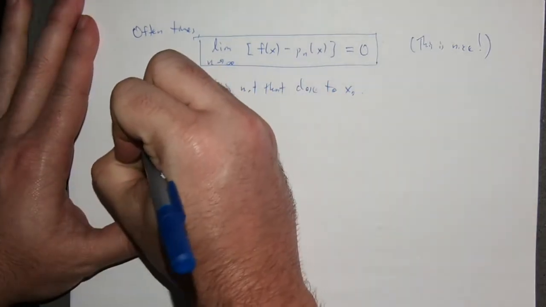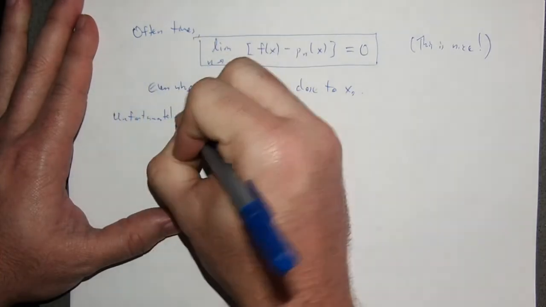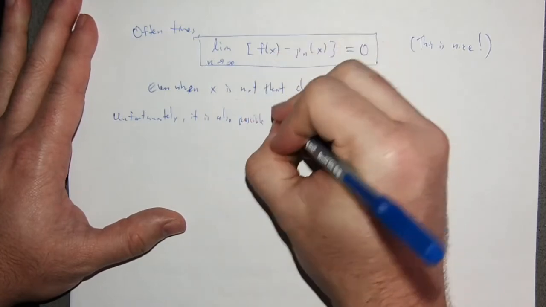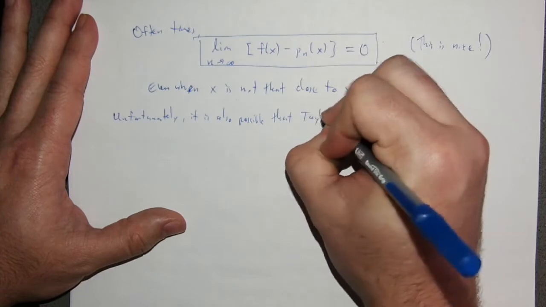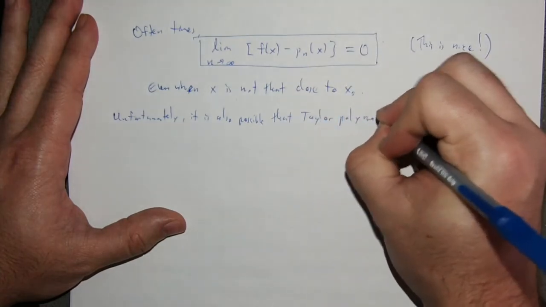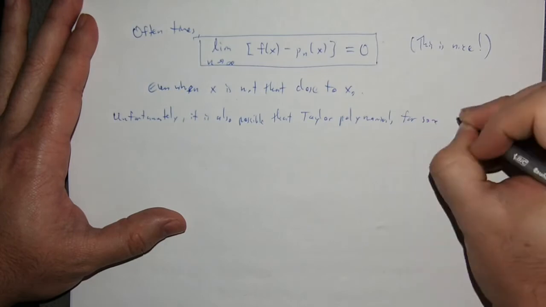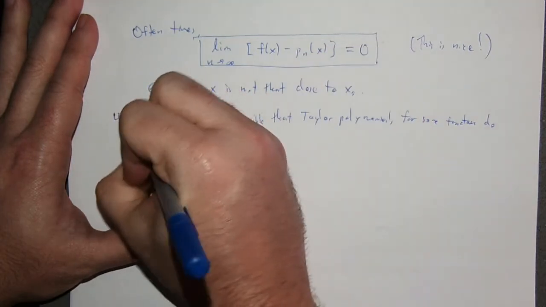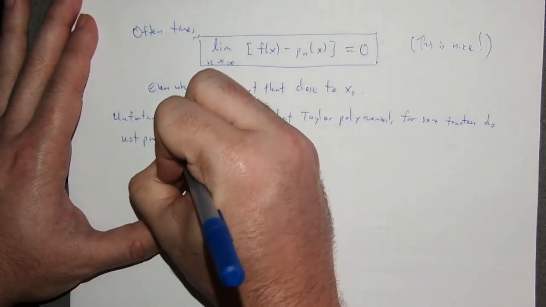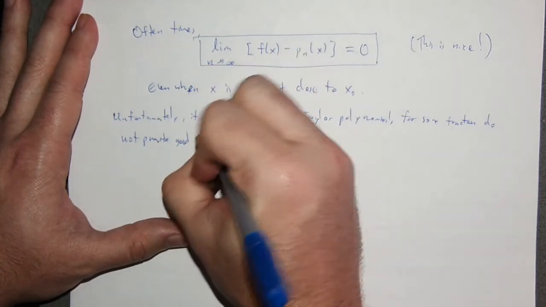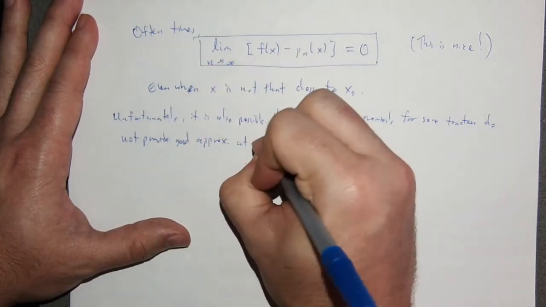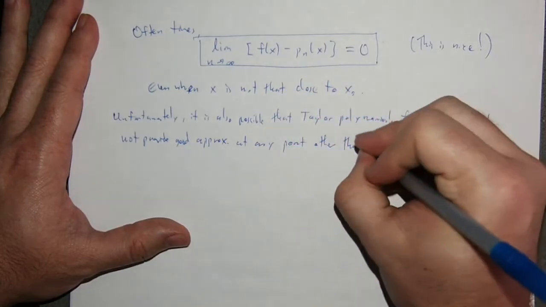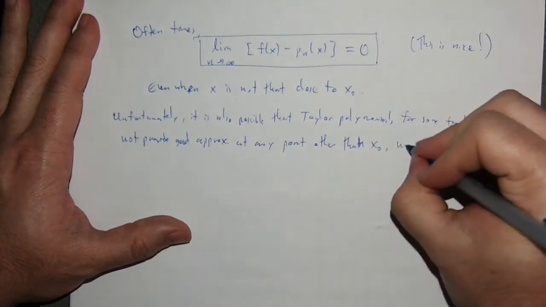Unfortunately, it is also possible that Taylor polynomials for some functions do not provide good approximations at any point other than x naught, no matter how big n is.